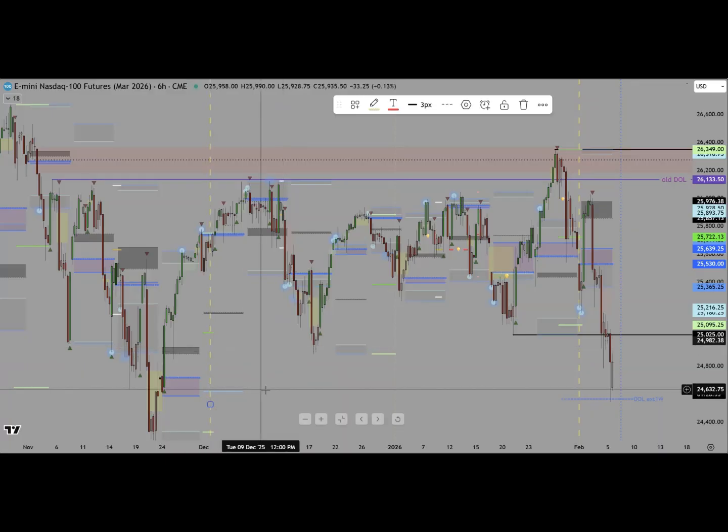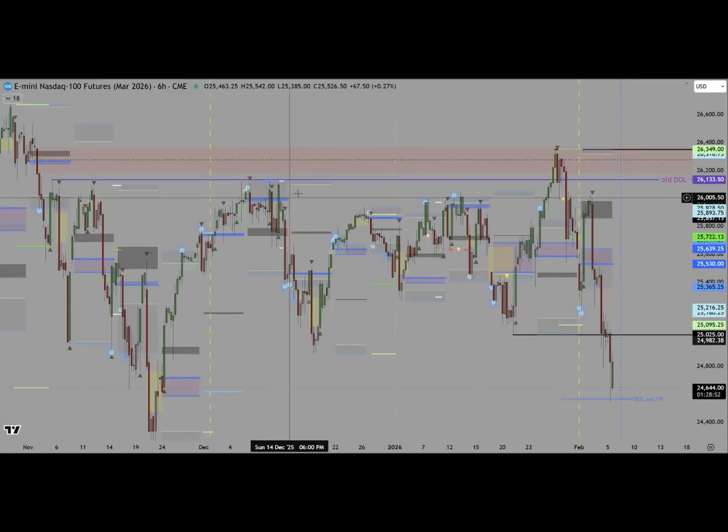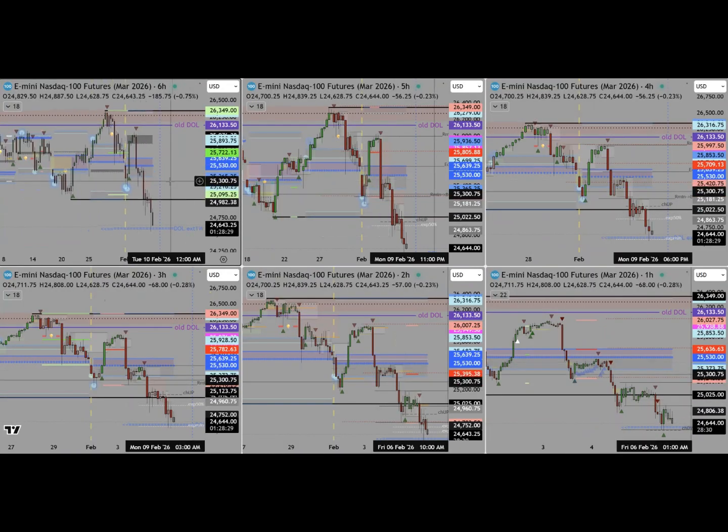Previous month done. This is the previous December high. This was January. We took out the previous month high, meaning December highs, and then we reverted back to December lows. That's a perfect push and revert.